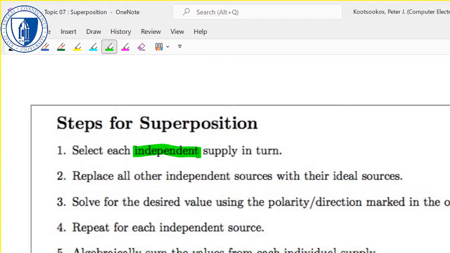Then you go back and do another one and you do the same thing again. Once you've iterated through all the independent sources, then the answer for the full circuit is just the sum of the answers you got for each individual one.